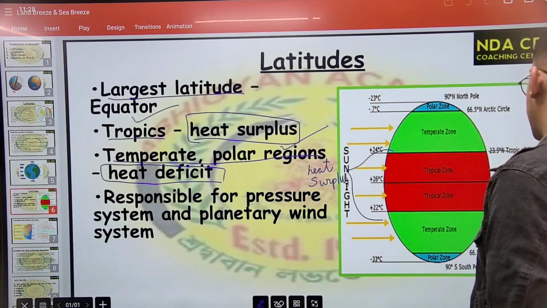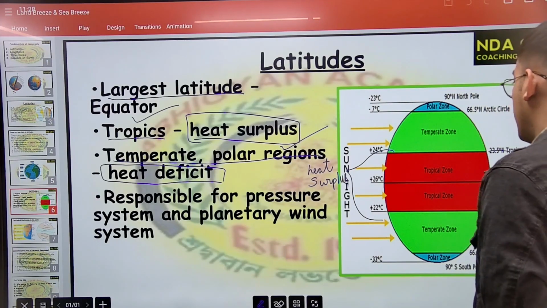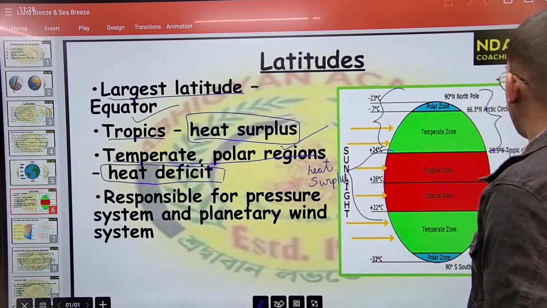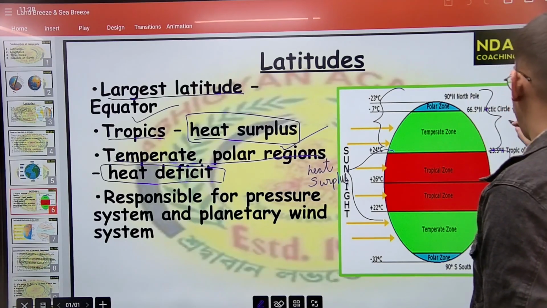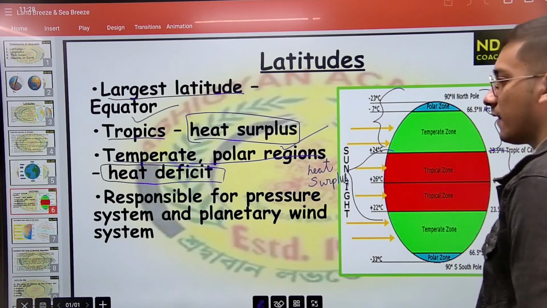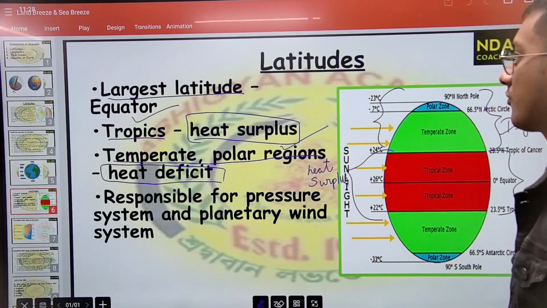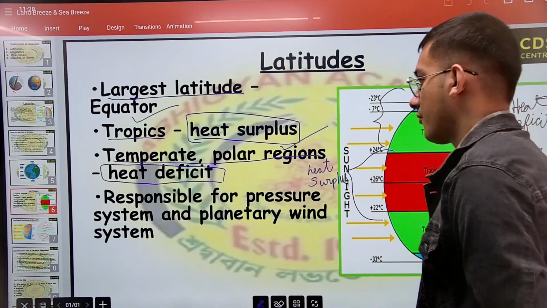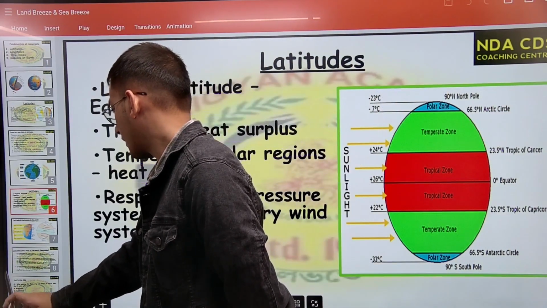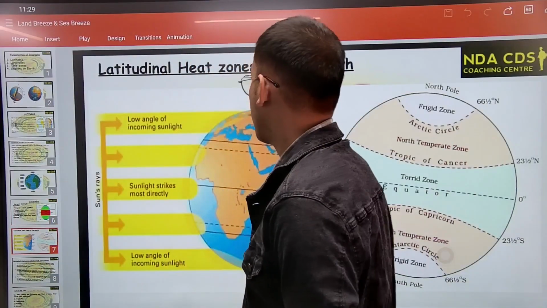So this is your tropics. This is your temperate and polar, so this is your heat deficit. Then we go on to the latitudinal heat zones of the earth.